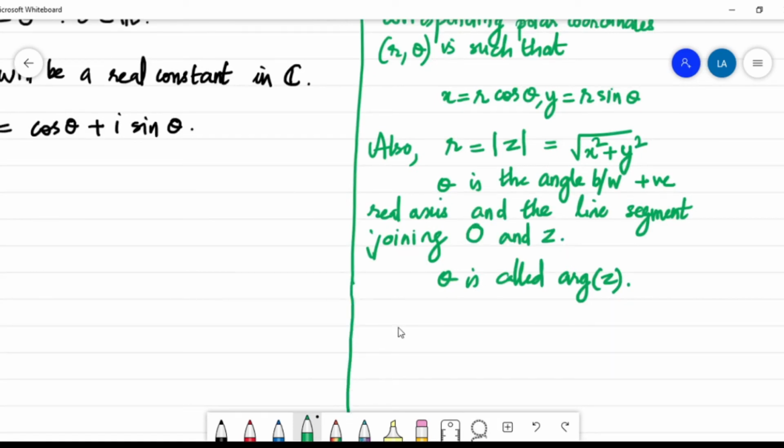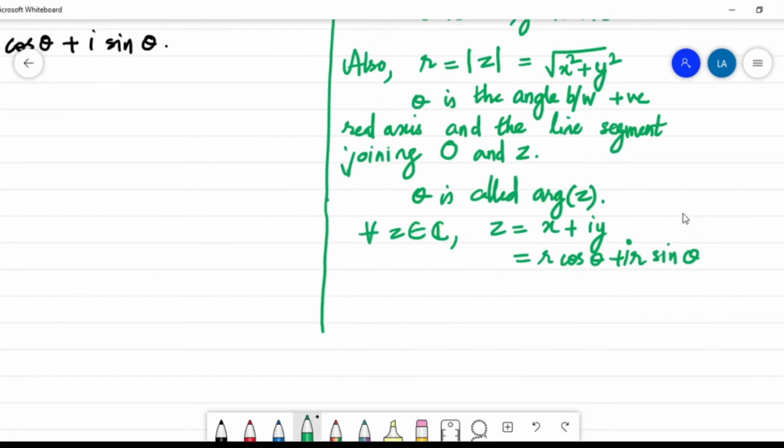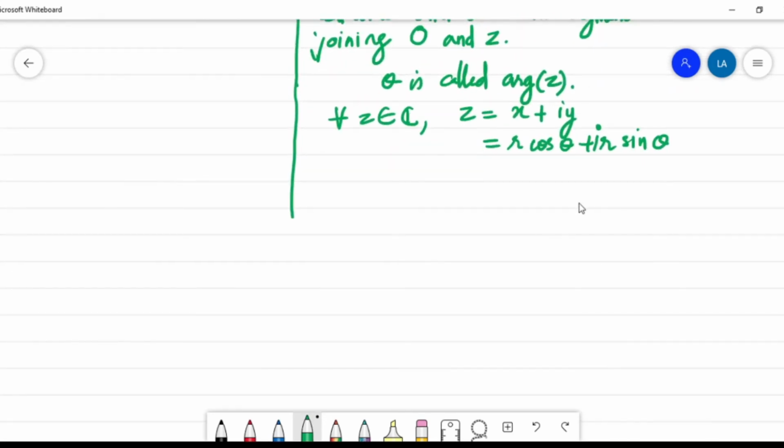So from here I get that for every z belonging to C, we know that z is equal to x plus iy, that is nothing but r cos theta plus i into r sin theta, and that is equal to r into cos theta plus i sin theta.